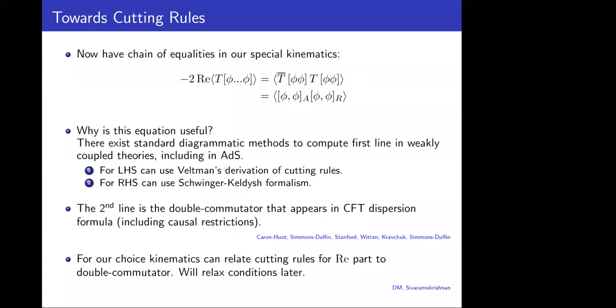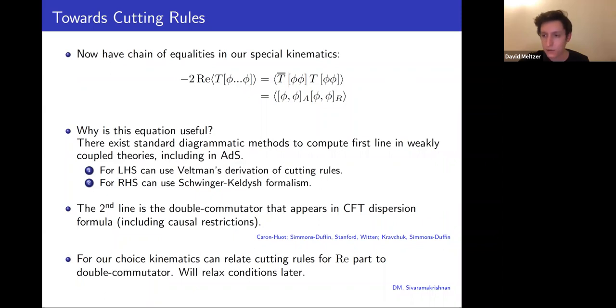Okay, thank you. Sorry, David, could I just follow up on Abhijit's question? Yeah. If you just took the first line of your formula, you've determined the imaginary part of the amplitude you want to compute. So would we be able to now just use complex analysis to say that there is a dispersion relation that determines the full amplitude in terms of the right-hand side of the first part, independent of whether it's equal to the double commutator or not?